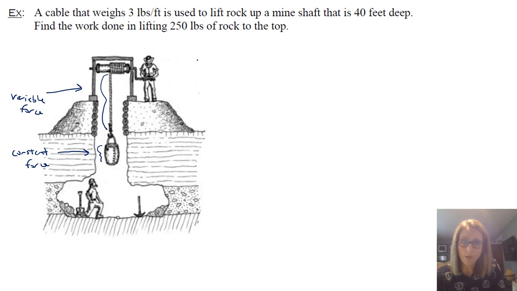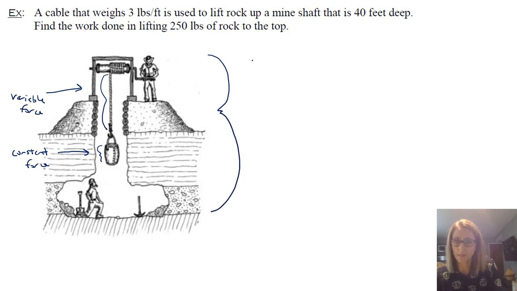Now, the way we want to think about this, the easiest way, is to take a look at this whole distance that we have, and then consider the fact that the mine shaft is 40 feet deep.